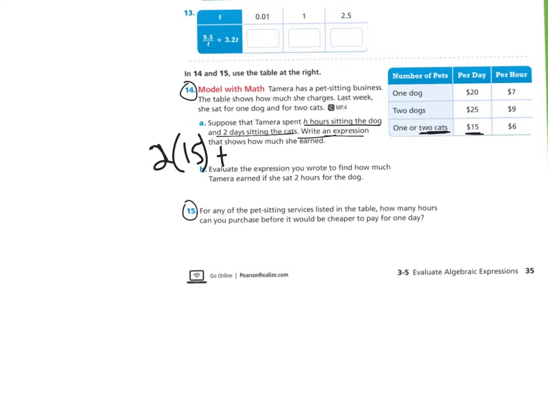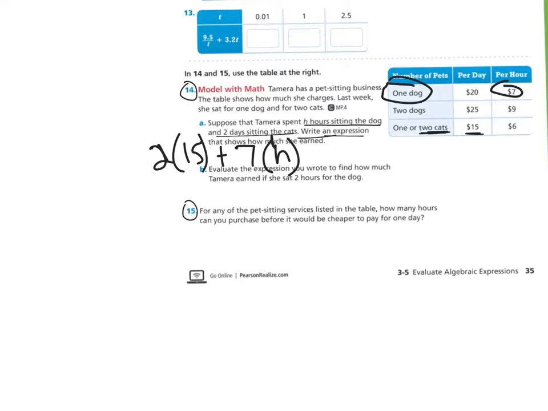And then it says H hours sitting the dog. So it says it's 1 dog. So 1 dog is $7 an hour. So $7 an hour for H hours. So for that, it's $7 an hour times however many hours. So 7H, or 7 times H. And that would be our expression.